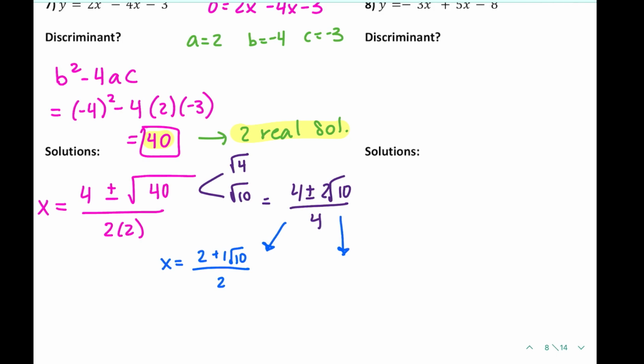So this 4 would become a 2, this 2 would become a 1, and this 4 would become a 2. Yeah, think of it that way. Okay, and we would have the positive version, which is this. That is the answer. Isn't that messy? It's so messy. And then I also have 2 minus 1 square root of 10 all over 2. Has the -1.